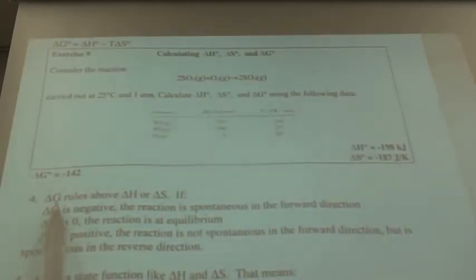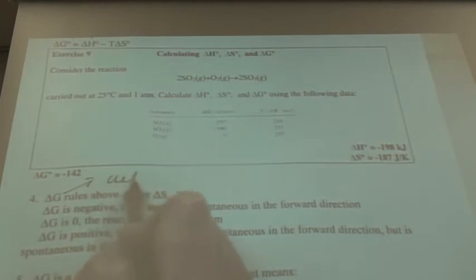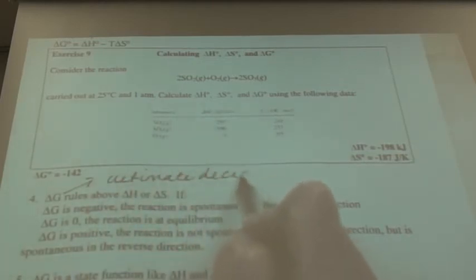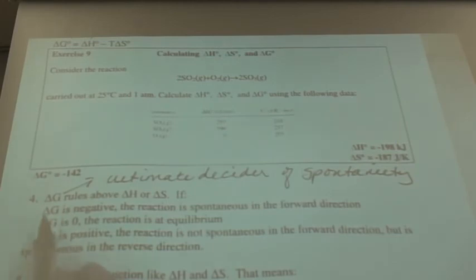Delta G overrules delta H and S. It's the ultimate decider of spontaneity. If delta G is negative, that reaction is spontaneous in the forward direction. If delta G is 0, the reaction is at equilibrium.